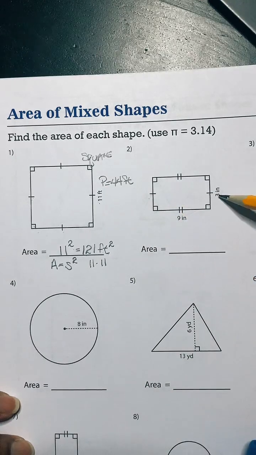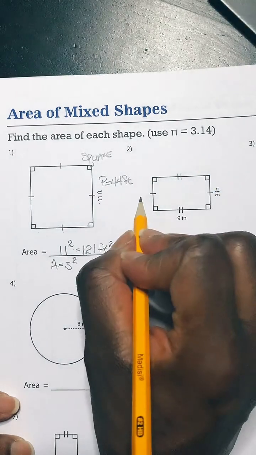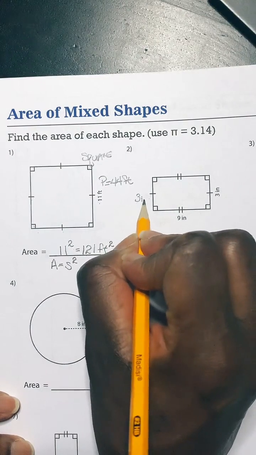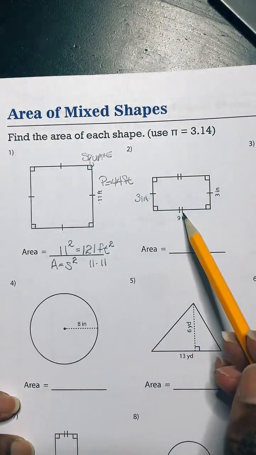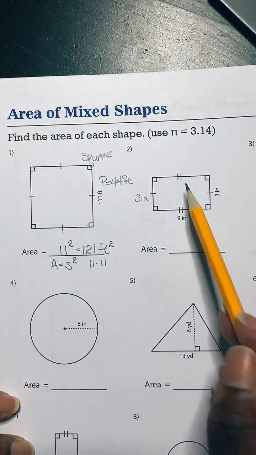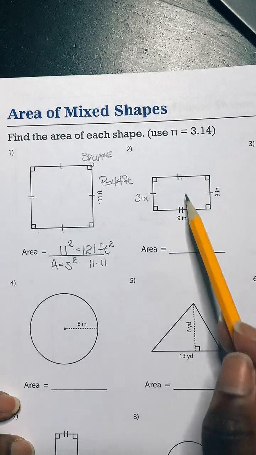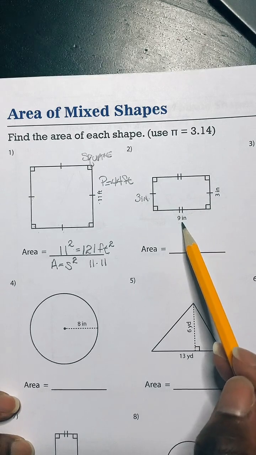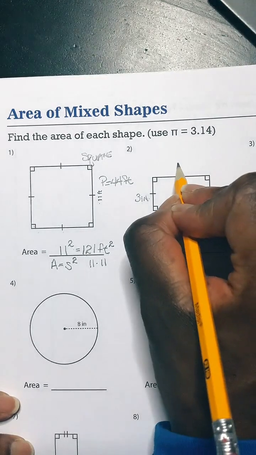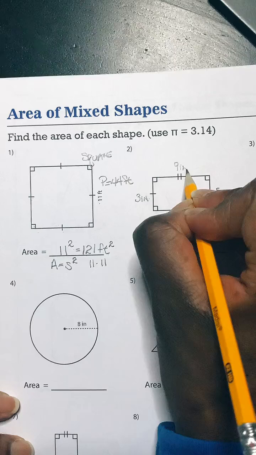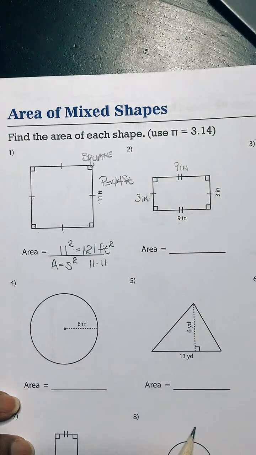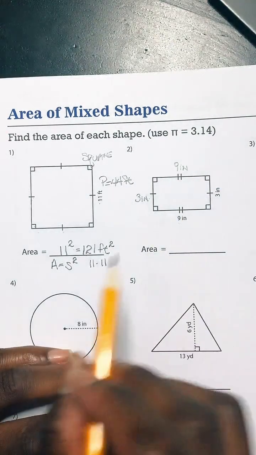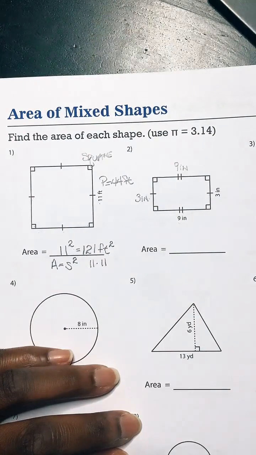That means if this is 3 inches over here, this is 3 inches over here. These two tick marks are telling me that these two sides are congruent. So if this side is 9 inches, that means this side is 9 inches.